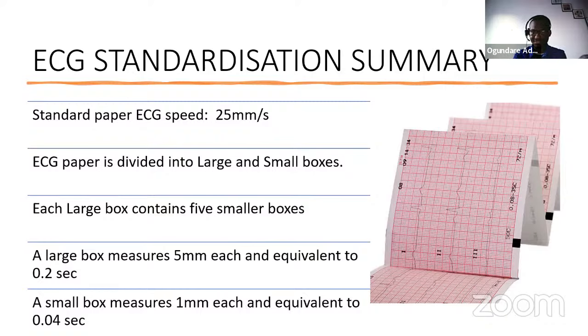So even without seeing the patient, just seeing an ECG report, you can know the patient's heart rate to the nearest decimal, as accurate as possible. You can calculate that.